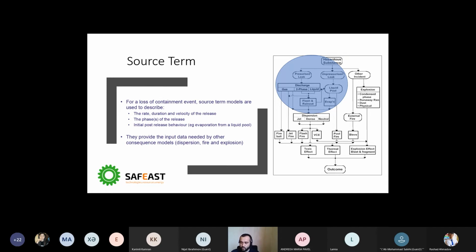So you use all this data as an input to your consequence modeling. It could be dispersion modeling, fire modeling, or explosion modeling, and it can be used for hand calculation or for the sophisticated computer tools available. But before doing any further consequence modeling, you should start with the source term, to identify the characteristics and behavior of the release.